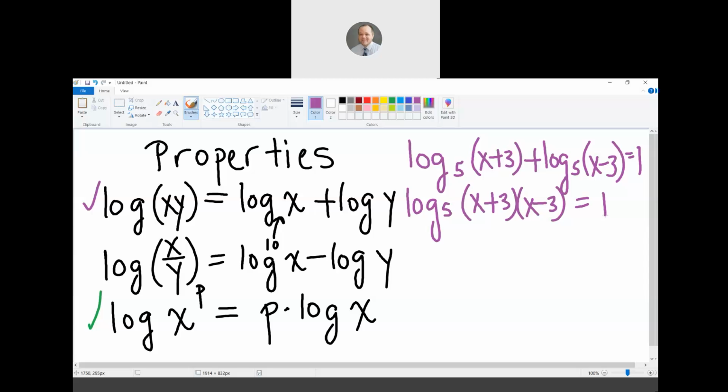Now let's multiply our binomials. Oh, before we do that, I'm sorry. Well, we can actually do that in one step if you want. Let's change our log equation into exponential form. So we have 5 to the first power equal to x squared minus 9.